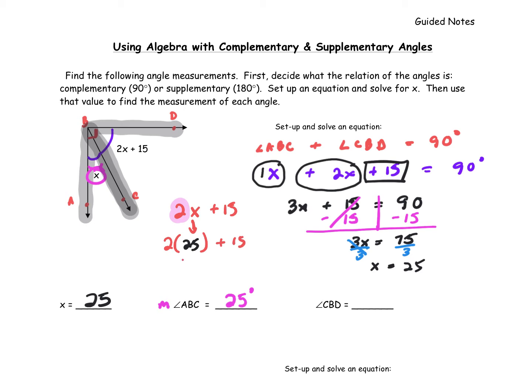So 2 times 25 is 50, plus 15, and that equals 65. So the measurement of angle CBD is 65 degrees. Finally, we have to make sure that this is accurate. If I add 65 plus 25, we indeed get 90. So that's the check.